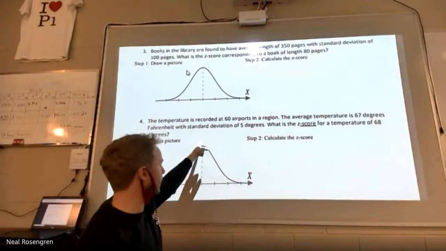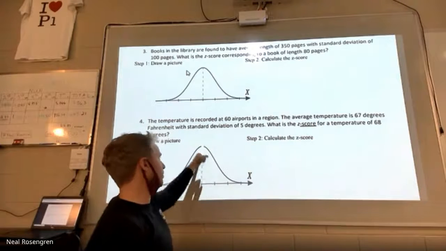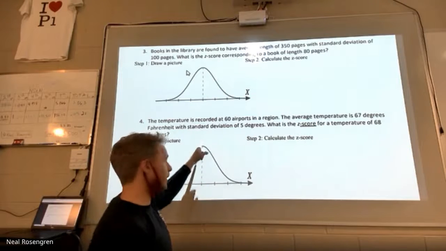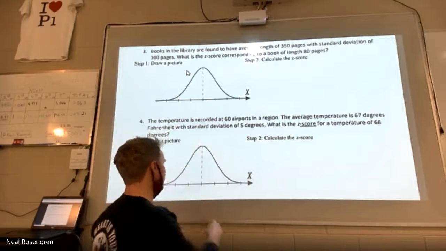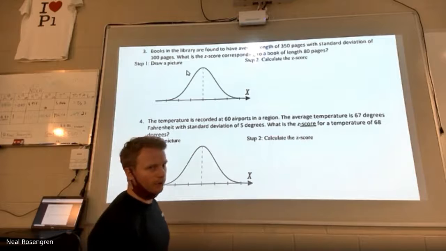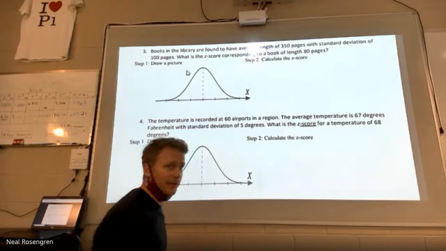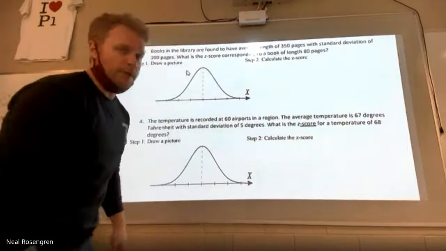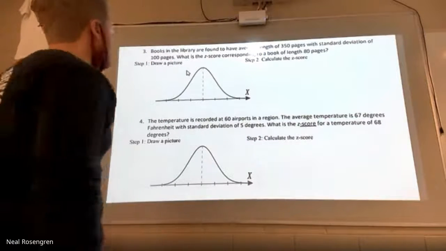So just put the mean right down the middle with the dotted line, and then 3 tick marks to the right, 3 tick marks to the left. Don't worry about it being perfect, but put the numbers underneath, and then calculate the z-score. Then you can just upload that instead.